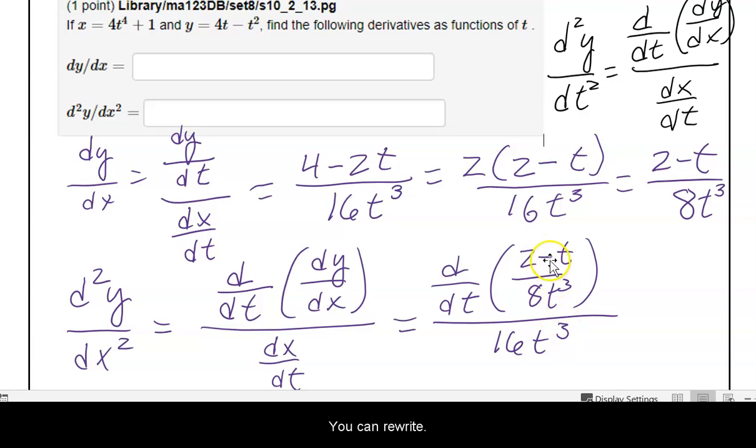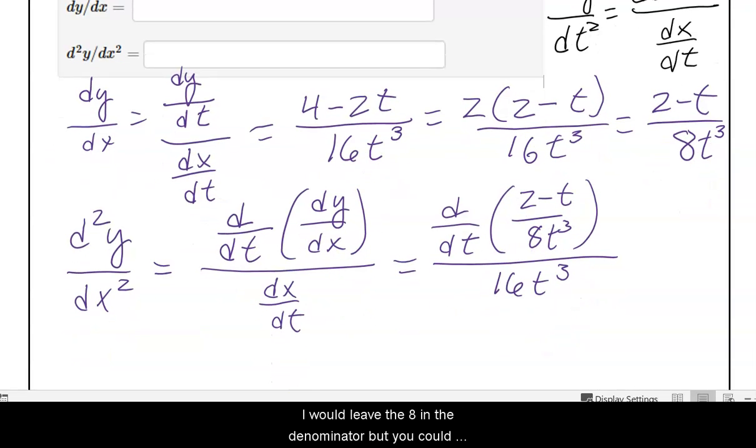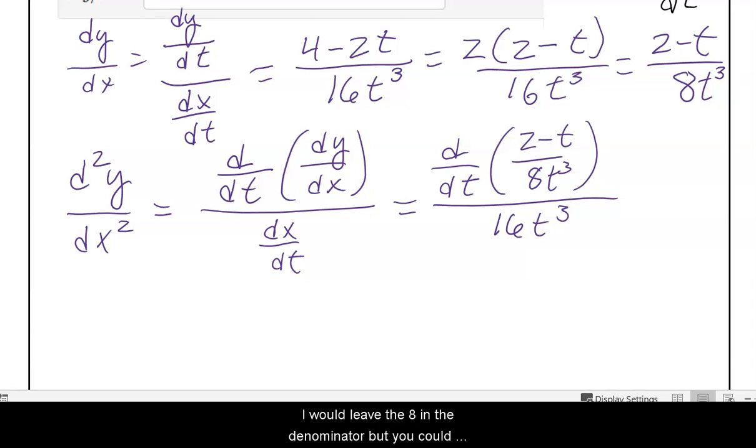Now, you could rewrite, excuse me, haven't talked much today. You can rewrite the numerator as a product instead of a quotient if you'd rather use the product rule. I would leave the 8 in the denominator, but you could write it as t to the negative 3.